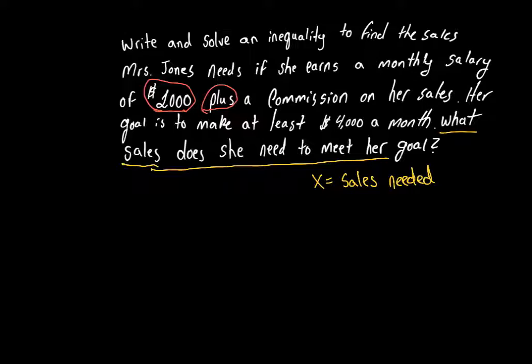Her goal is to make at least $4,000 a month. That at least part is going to tell us what sign we're going to use. And I actually forgot to write a little bit in this problem, a commission of 10%. I forgot that part. There we go.